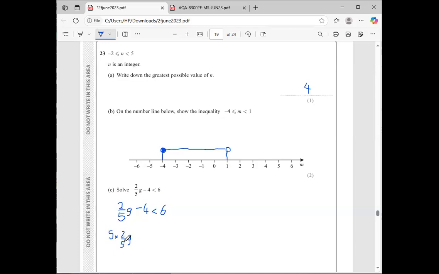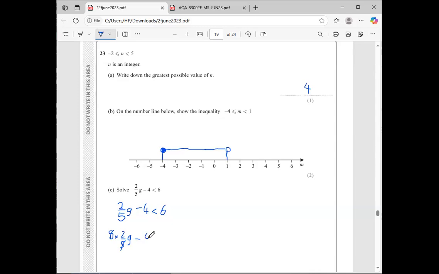Okay, they will cancel out. The 5 will cancel itself out. That's the whole idea of saying multiply all the terms by the denominator. That's the only denominator.